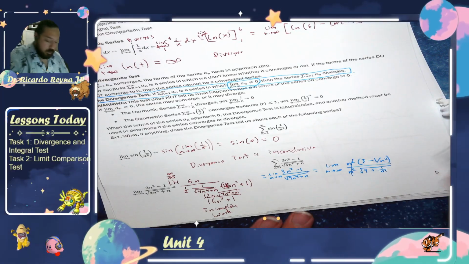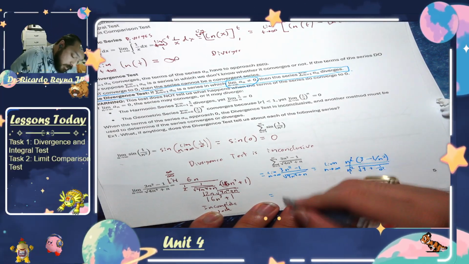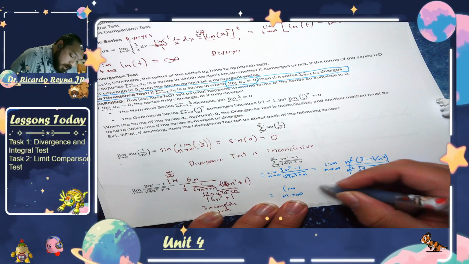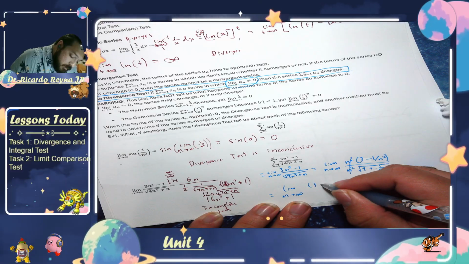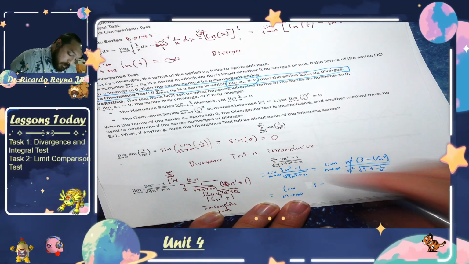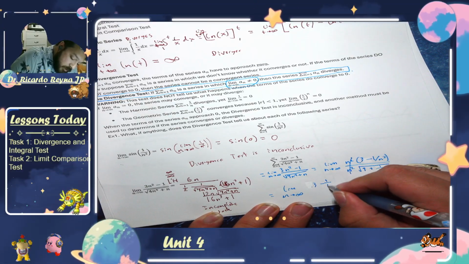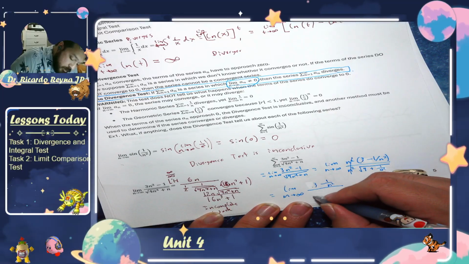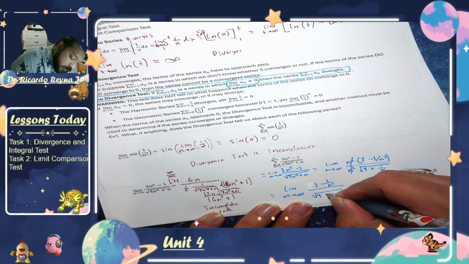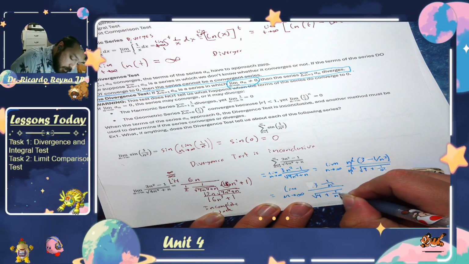You cancel those n squareds out, and you're left with the limit as n goes to infinity of 3 minus 1 over n squared, over the square root of 4 plus 1 over n cubed.